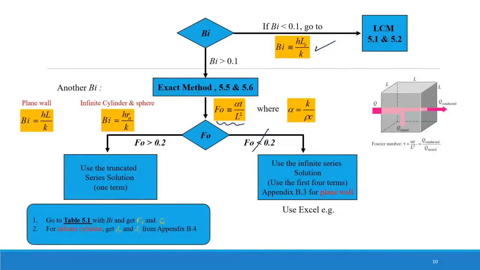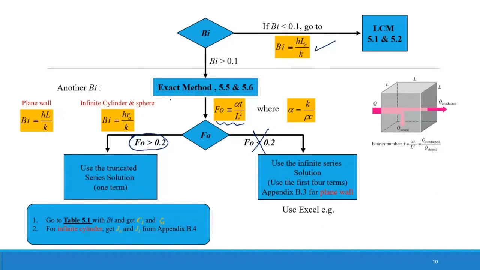In this course, we will not deal with that, just for simplicity. Most of our cases are going to have Fourier number greater than 0.1. When we have Fourier number greater than 0.1, we can use what we call the truncated series solution, the one-term solution. I'm going to explain it in the next slide.